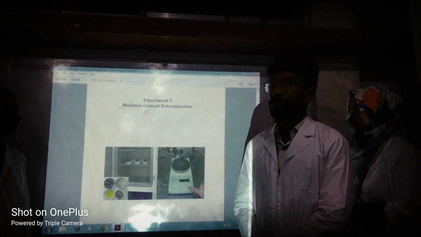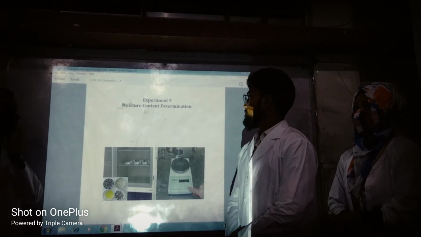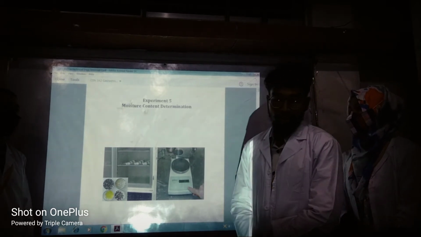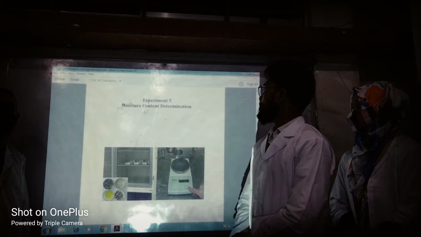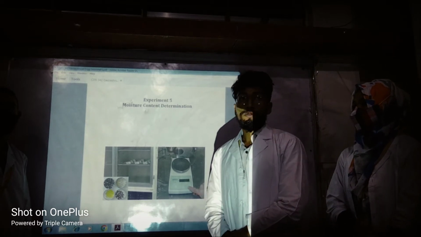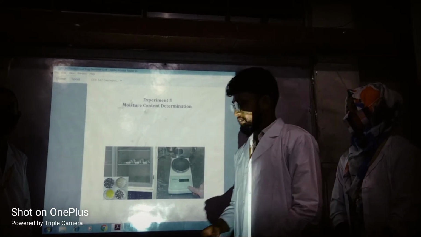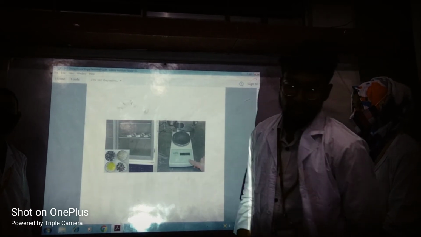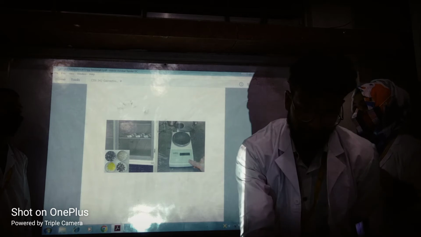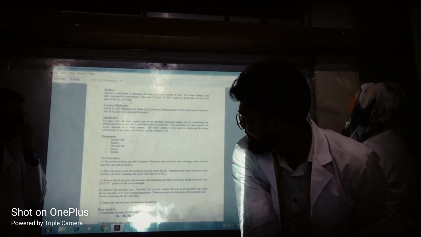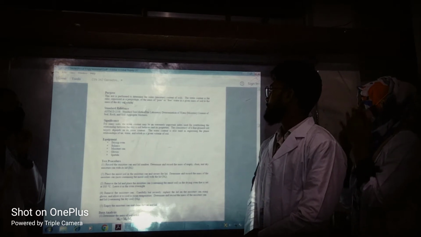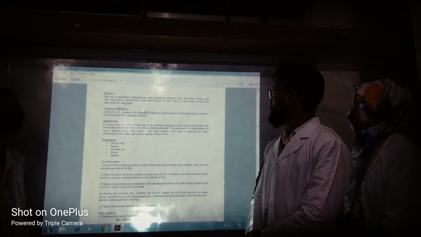Today our topic is moisture content determination: how to determine the moisture content of soil. Purpose: the test is performed to determine the water moisture content of soil.